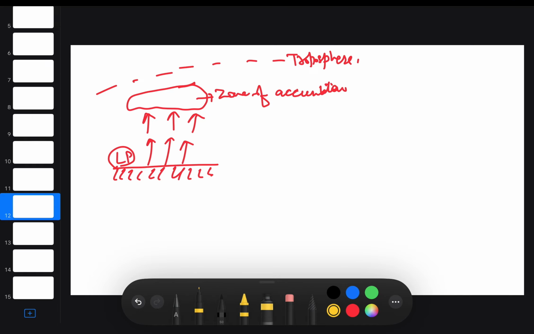And this will be the zone of deficit, that is nothing but the low pressure area. Now the deficit zone will be filled from the other side.